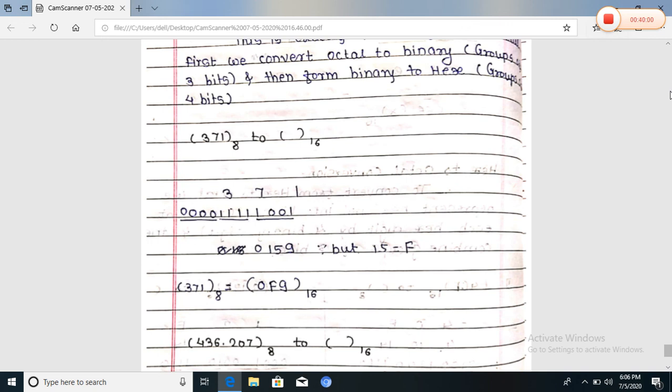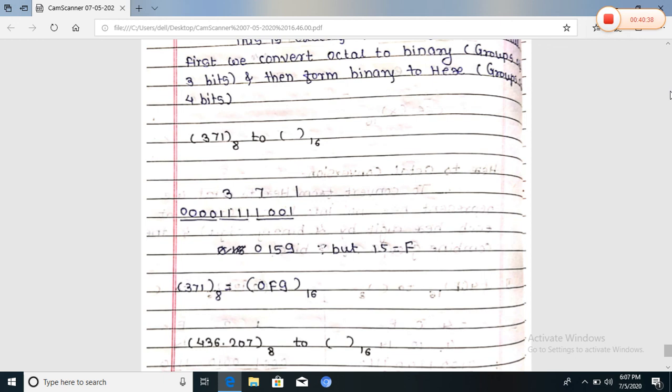But the same number 1 in the octal number system is 3 bits, 001. 7 in hexadecimal is 4 bits, 0111, but in the octal number system it is 3 bits, 111. 3 in the octal number system is 011, but in the hexadecimal number system it is 4 bits, 0011.